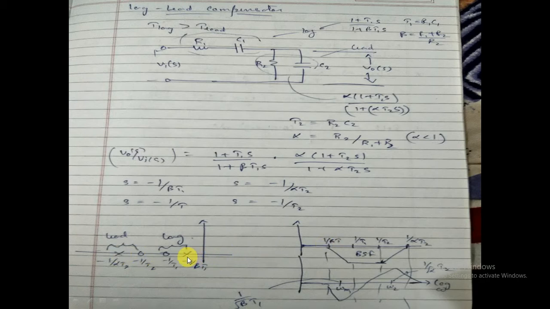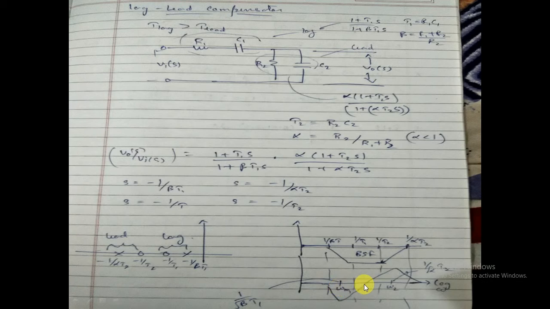As it has a pole first, it will go -20, then 0 because of the 0, and then again a 0 is there, so it will take +20, and after that the +20 will be neutralized and again it will be 0.